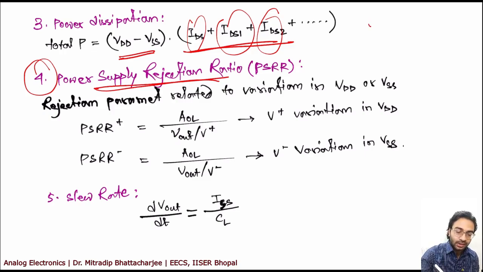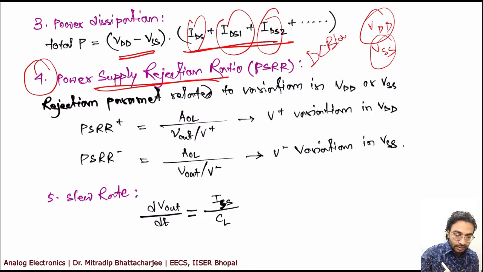But your VDD and VSS variation will directly affect your DC biasing, and if DC biasing is fluctuating, then your gm will fluctuate, then your r0 will fluctuate, and all AC parameters will vary with time. So what exactly you want is this variation should be as low as possible. So this is known as power supply rejection ratio.